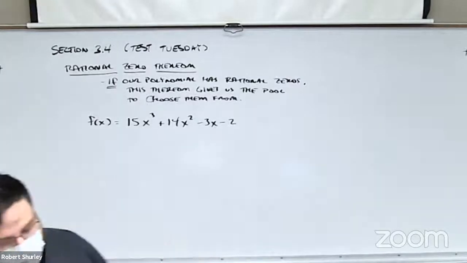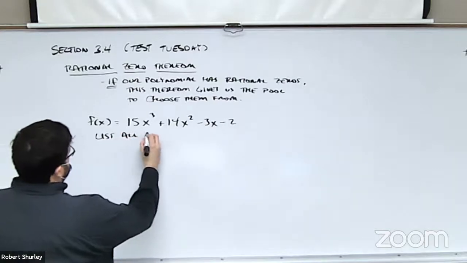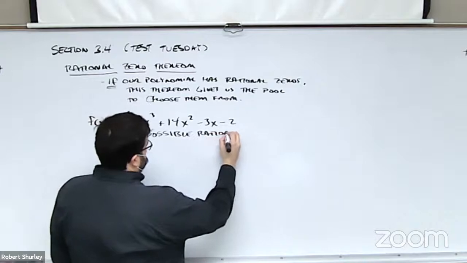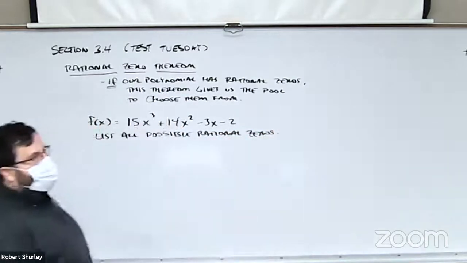The question will state, list all possible rational zeros.